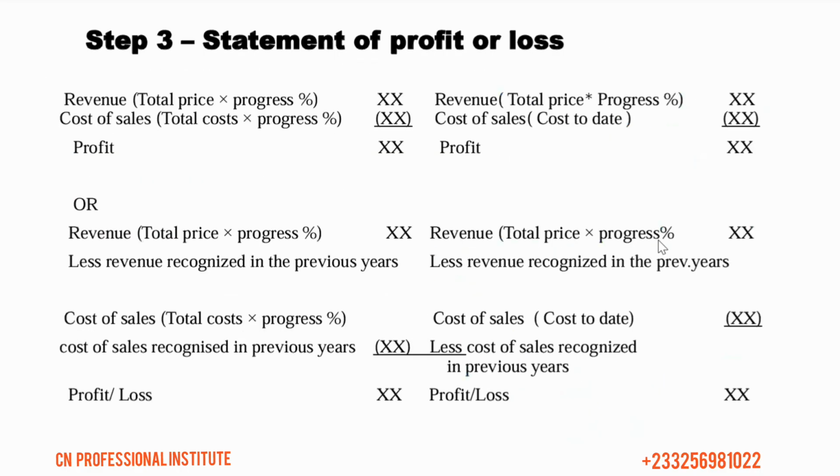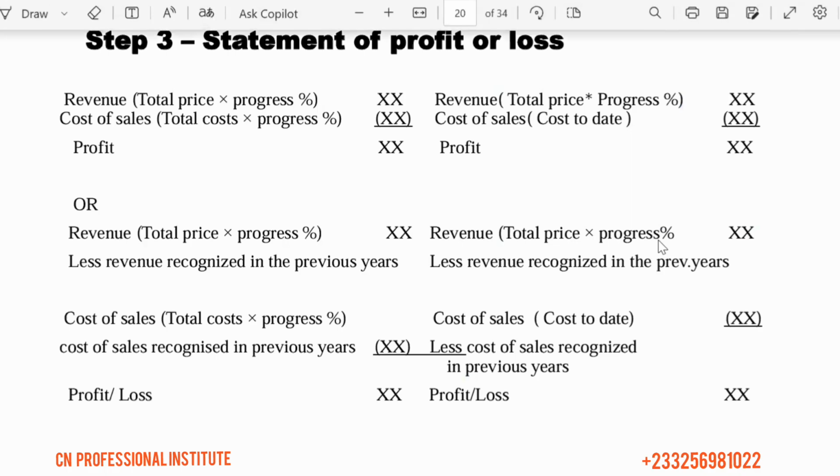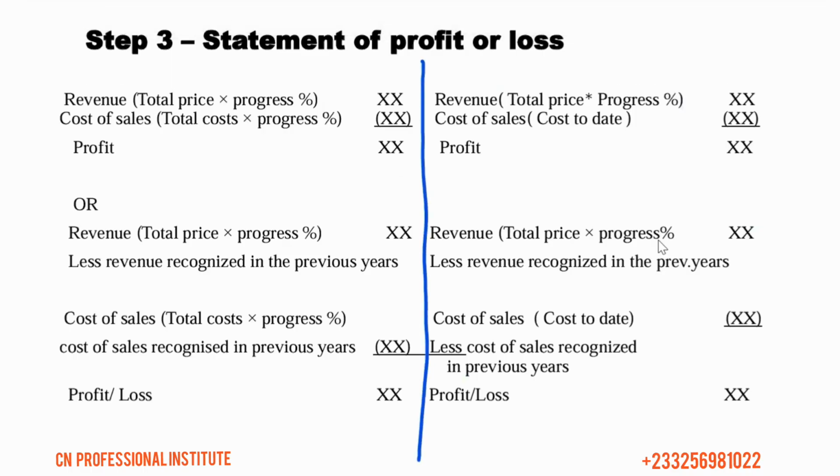Then step 3, you go to your statement of profit or loss. Now, if you remember, I said there was a slight change with the way we record our revenue.